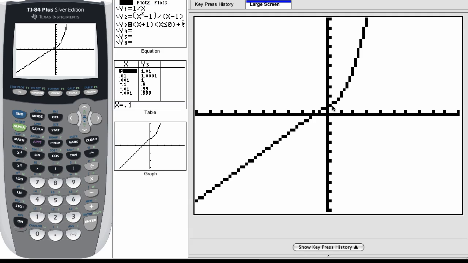There could be a little hole in this function right here. Remember that things are changing right around 0, so 0 is probably where my discontinuity is going to happen.